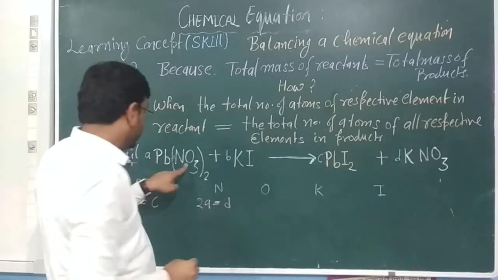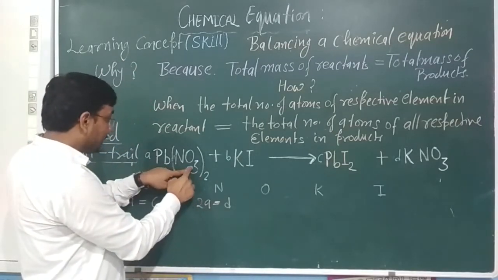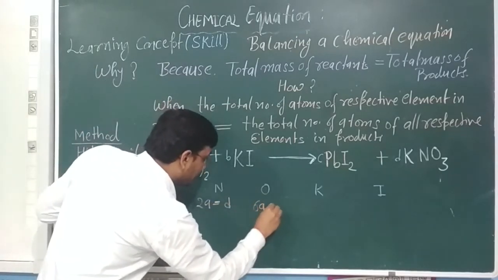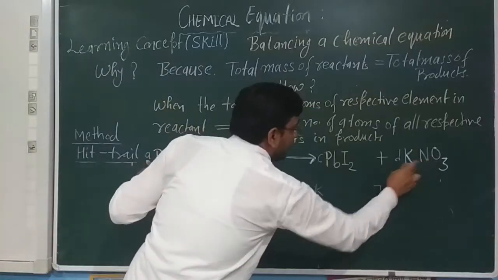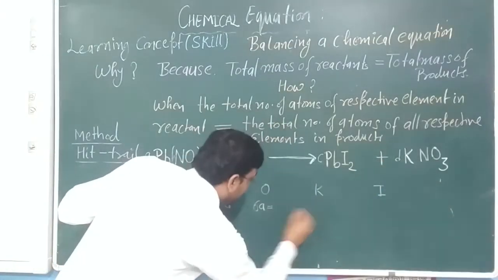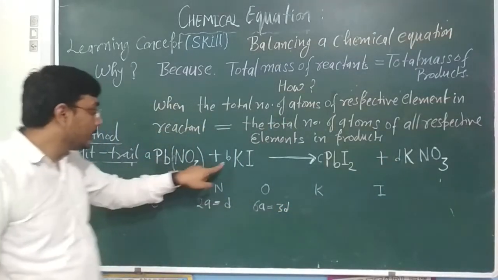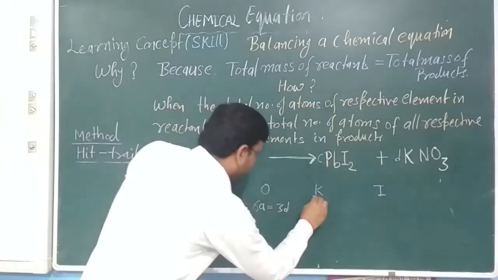Now come to the oxygen calculation. 3 times 2 is 6, so 6A is equal to oxygen on this side, 3D. Next, look at potassium. How many potassium?